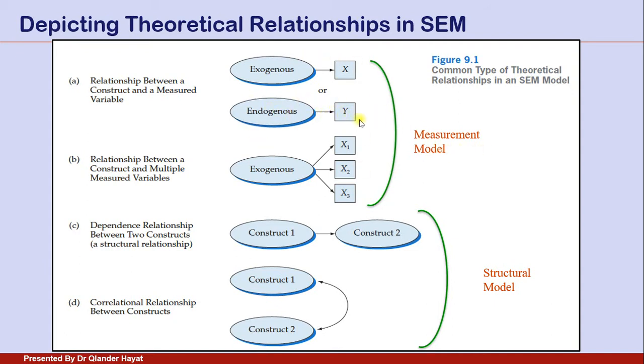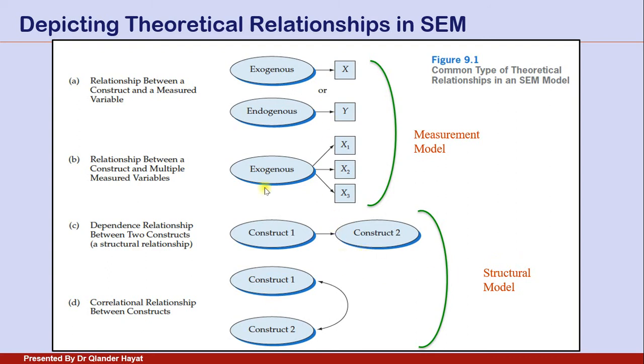So here you can observe the measured and unmeasured constructs. When we model the measured variables with latent variables, we are developing the measurement model. And while we are connecting the unobserved variables or the latent constructs, this is known as the structural model.